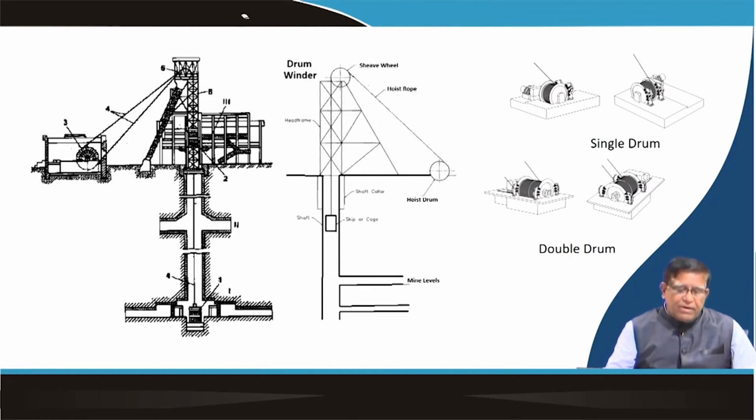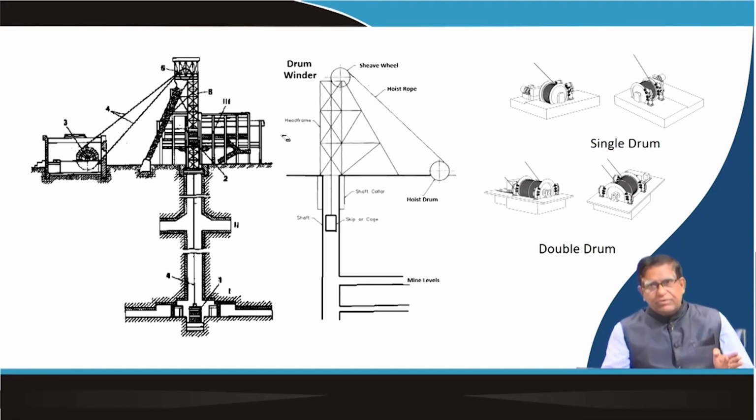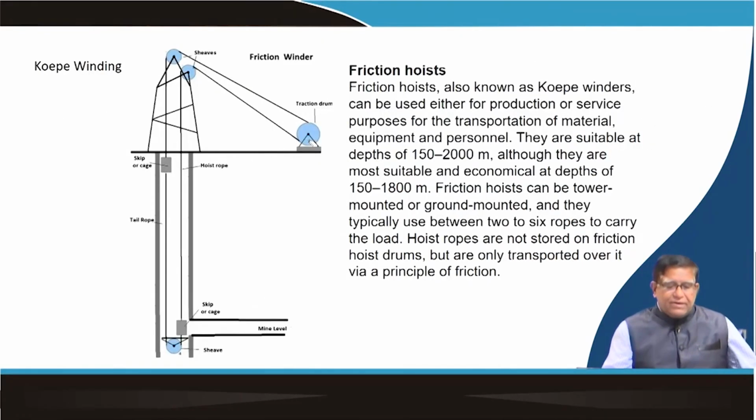That is why there will be a continuous wear rope monitoring system. If the rope is getting weakened, we will have to replace it, and at what interval it will be replaced is regulated by the mines regulations and act. So, these are the things you should keep in mind.